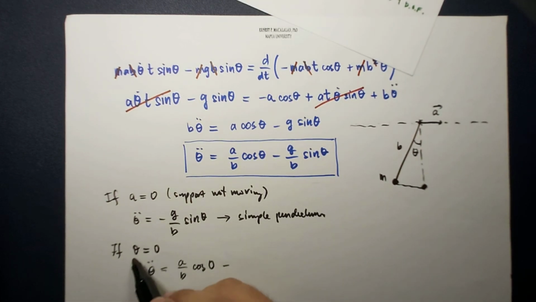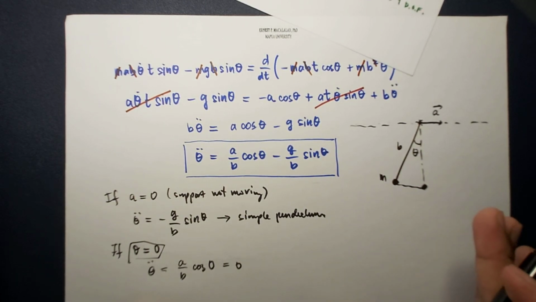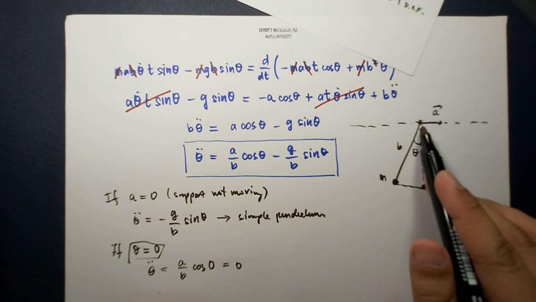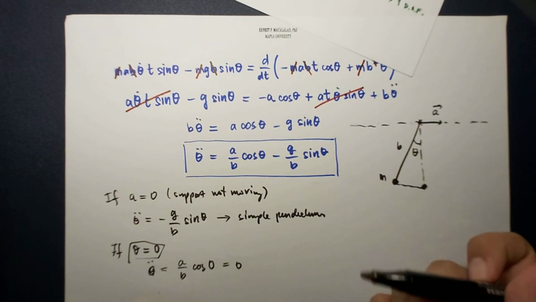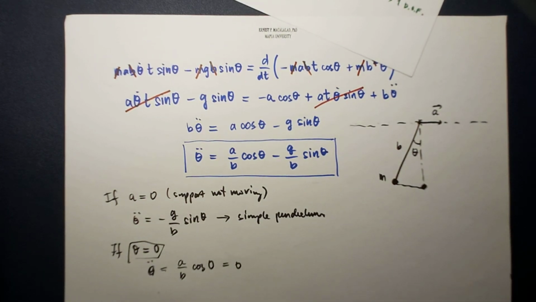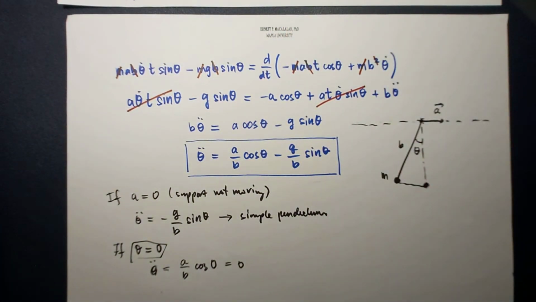Because theta is equal to 0, therefore theta double dot is equal to 0. So that means even if the support moves, the equation of motion along the angular direction will not have any motion. Okay, so that's it, simple.